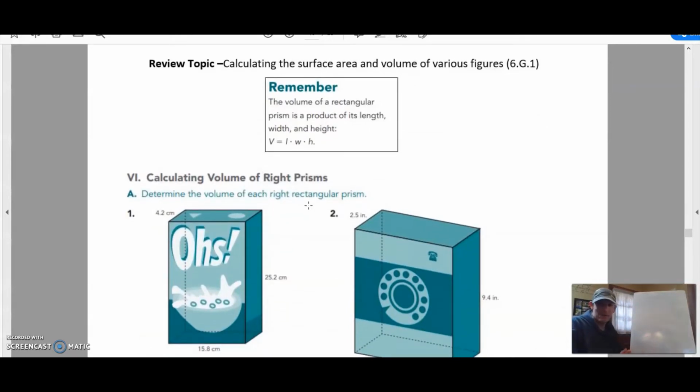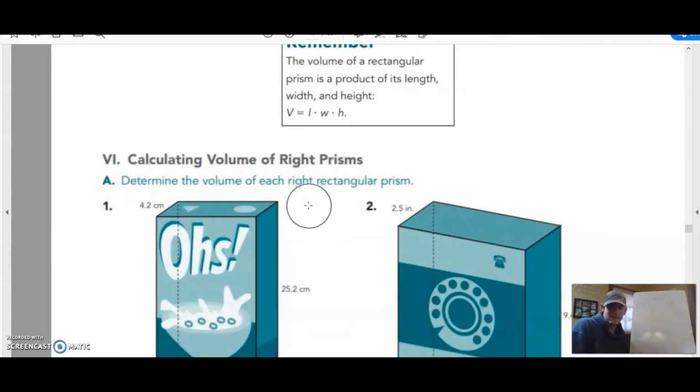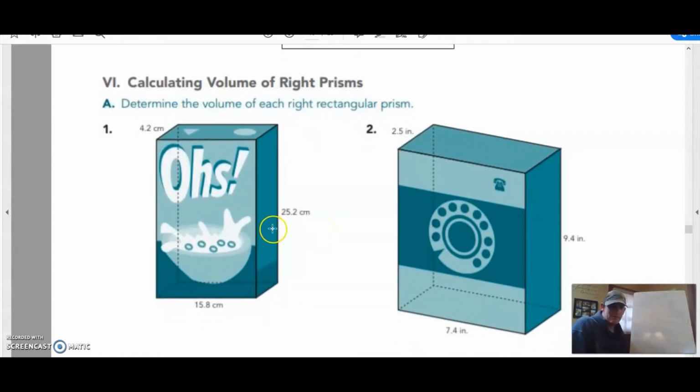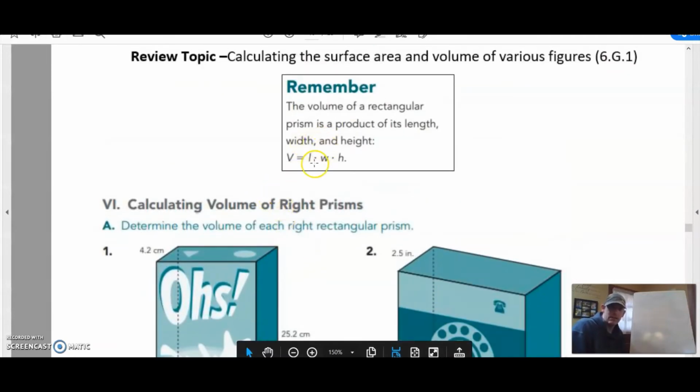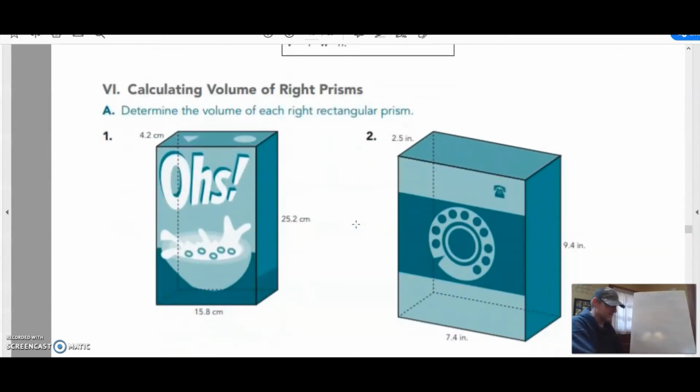Okay, volume is where you do the length and the width times the height. Okay, it looks like 4.2 centimeters times 25.2 centimeters times something. It's 15.8, I think. Yeah, 15.8 centimeters.